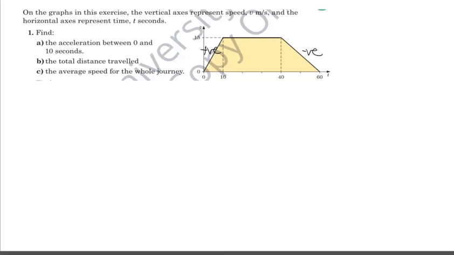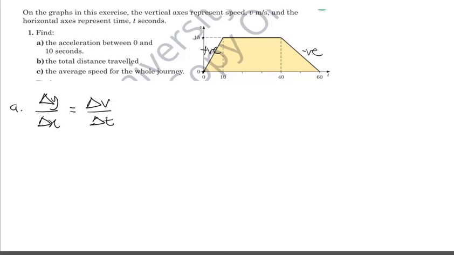Acceleration is the gradient, and gradient generally is change in y over change in x. In this particular instance, on the y-axis we have v, so this will be change in v over change in t. To find the acceleration, our change in v, the distance from here all the way to this point, is 15.